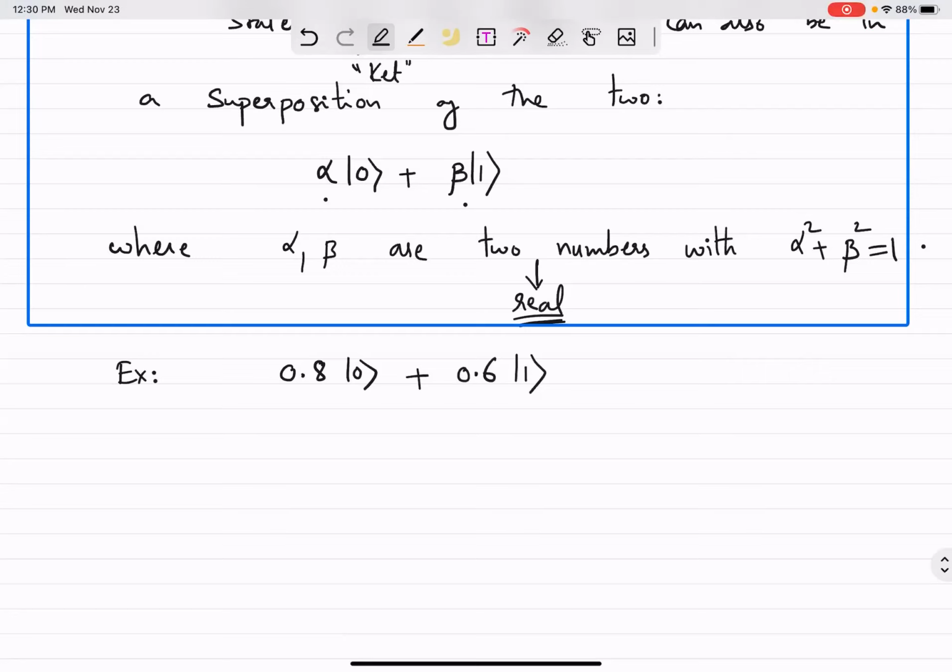That's valid. Why? You can check, 0.8 squared plus 0.6 squared is 0.64 plus 0.36, which is 1. So this is a valid qubit. A qubit is now just described by these numbers alpha and beta. Every possible alpha and beta corresponds to a qubit.